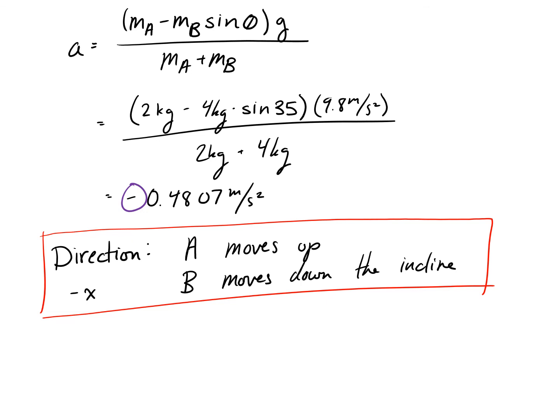And this is why I personally really like putting my coordinate system such that both blocks move in the same direction. I didn't need to think about setting x equal to y or anything like that. It was just, hey, they're moving in the same direction. I can just use the x direction in all of my calculations.